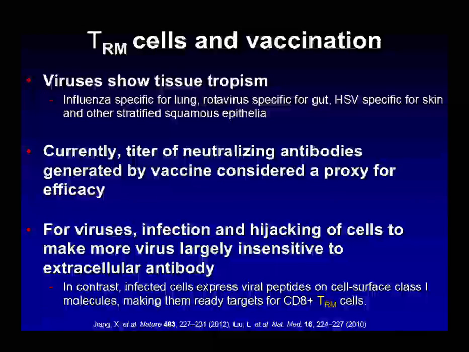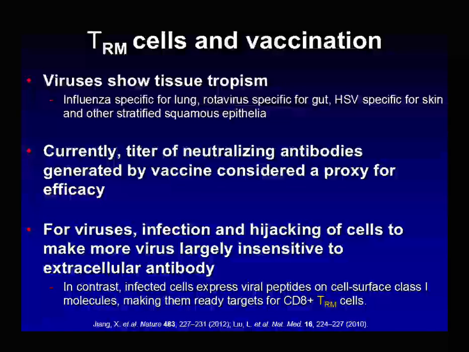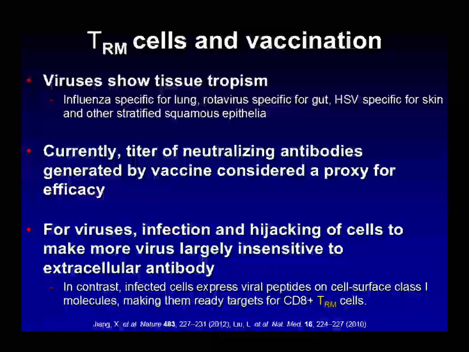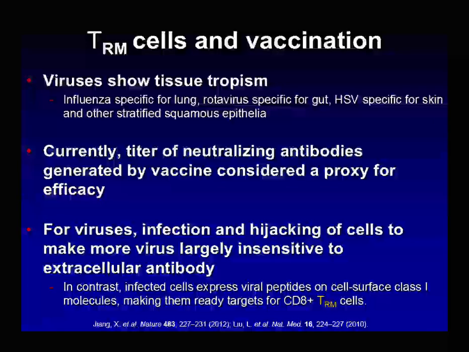And finally, I just want to close with a short discussion about resident memory T cells and vaccination. As all of you know, viruses tend to display tissue tropism. For example, influenza is specific for the lung. Currently, it is the titer of neutralizing antibodies generated by the vaccine that is considered a proxy for its efficacy.